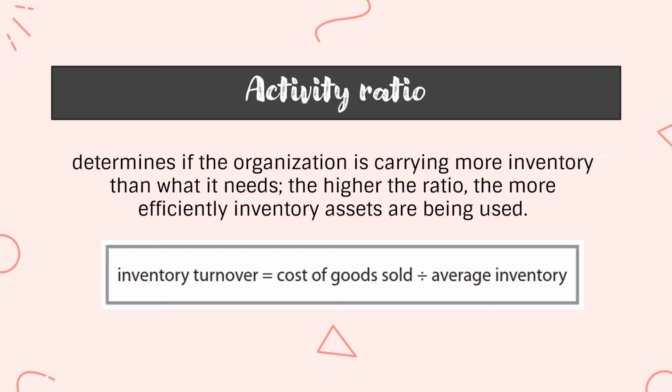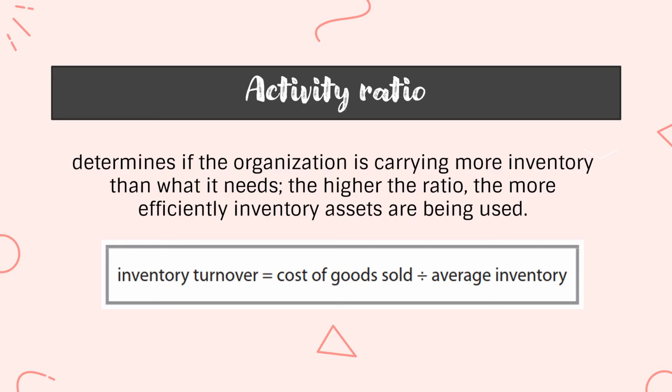Kasi 'di ba, pag binenta natin siya, syempre papatungan na natin siya ng presyo, so iyon yung parang sales natin. Pero kapag sinasabi natin cost of goods sold, ito yung halaga ng mismong actual na product, so lahat ng expenses na na-incur para mabuo yung produkto na yon. So, that's the cost of goods sold and then you need to divide it with the average inventory.